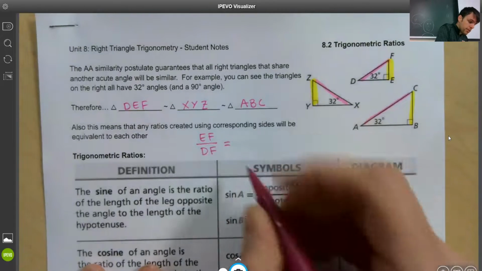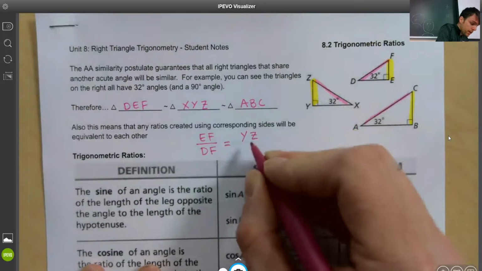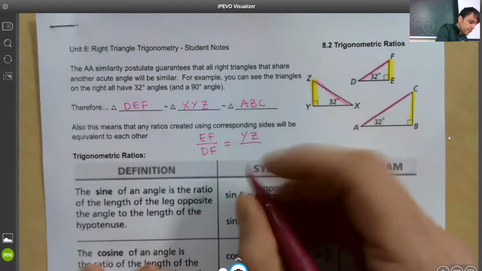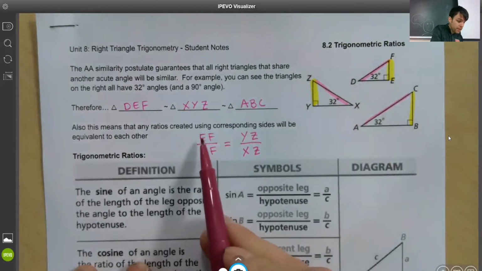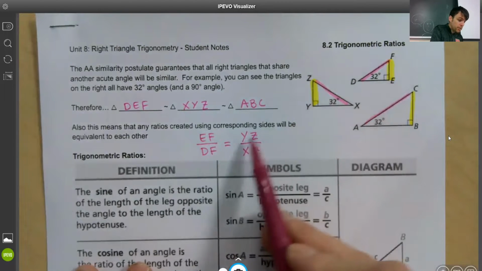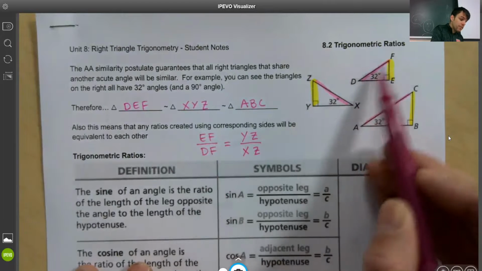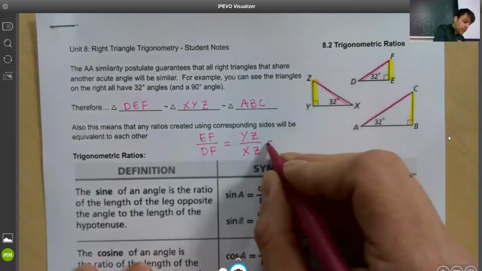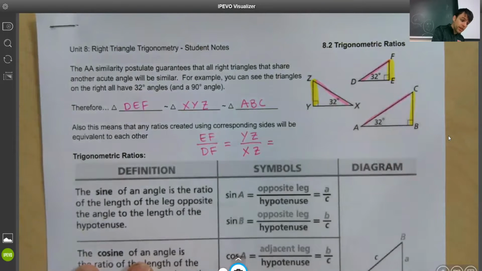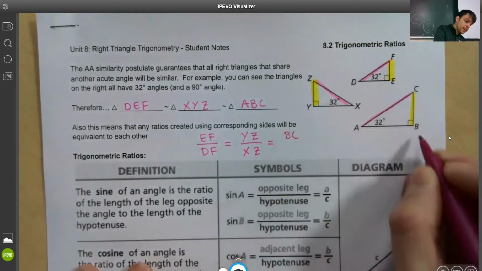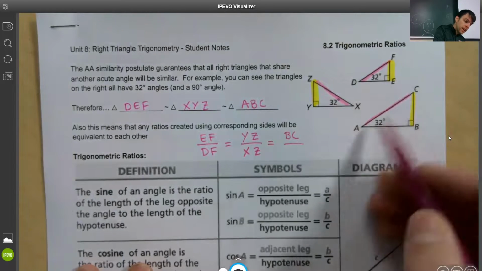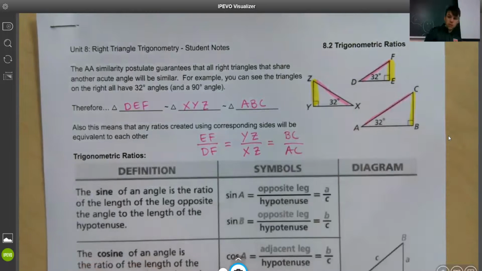So this side over here would be YZ over XZ, right? These ratios are going to be equivalent to each other because we're using corresponding sides. EF corresponds with YZ, DF corresponds with XZ. And then it's also going to be equivalent in this other triangle, again, because they're all similar to each other. It'll be BC, that's our yellow side, over AC, right? All of these ratios are equivalent.